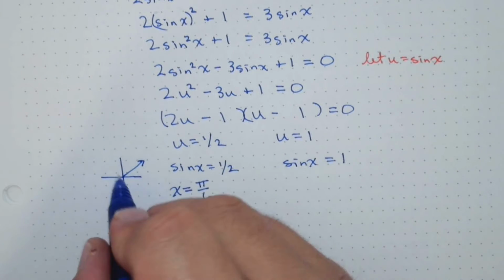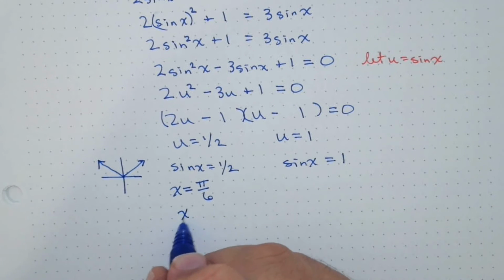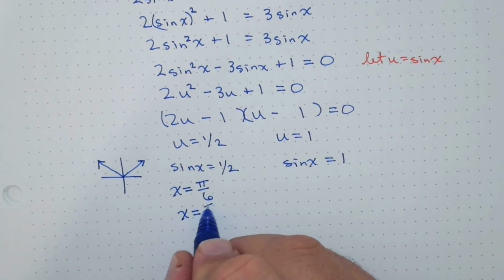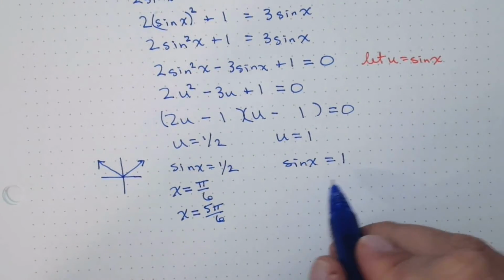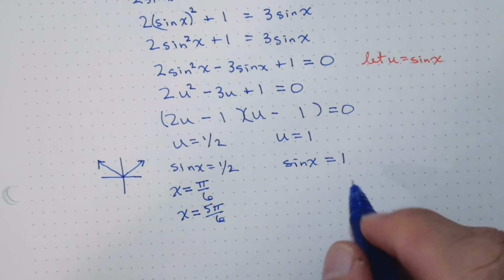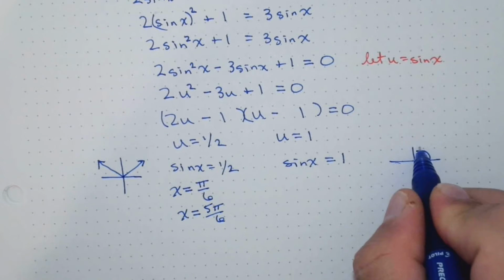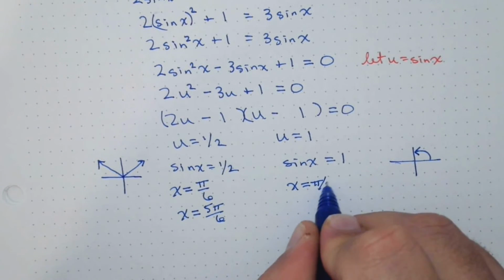X is going to be in the second quadrant, reference angle pi over 6, so that would give us 5 pi over 6. And then I have the sine of x is equal to 1, right? And I know that the sine of x is equal to 1 at pi over 2, so that would be x equals pi over 2.